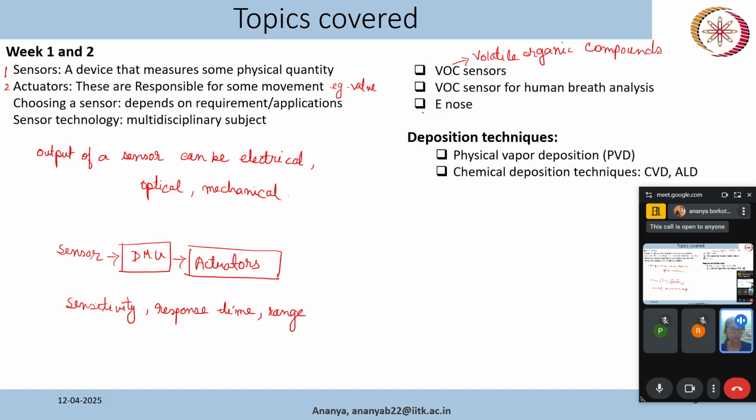And then we also briefly discussed e-nose. E-nose is electronic nose, and basically it uses a sensor system which is a combination of sensors and a decision making unit. We try to mimic biological organs like the nose, right? For that we will need multiple gas sensors, because our nose can sense multiple things together.